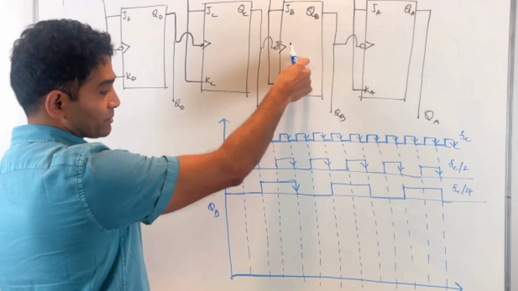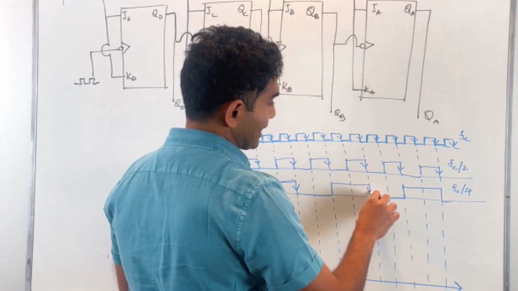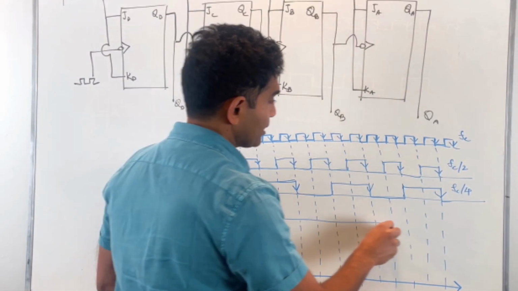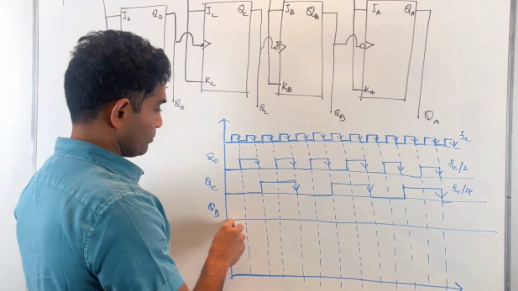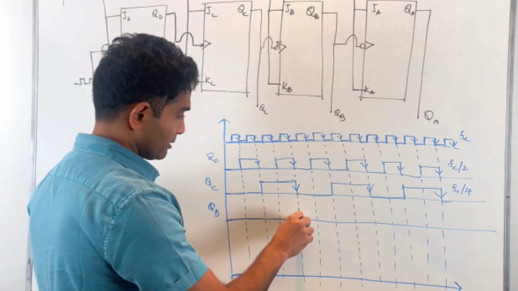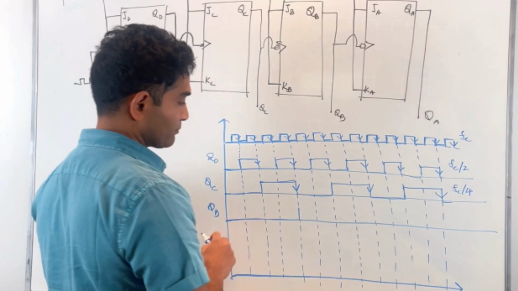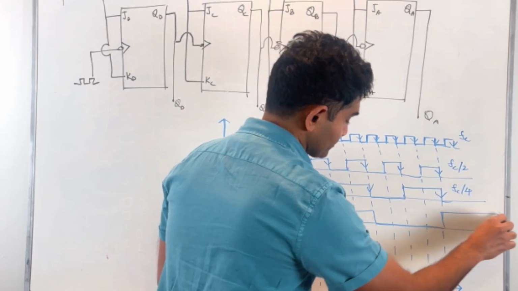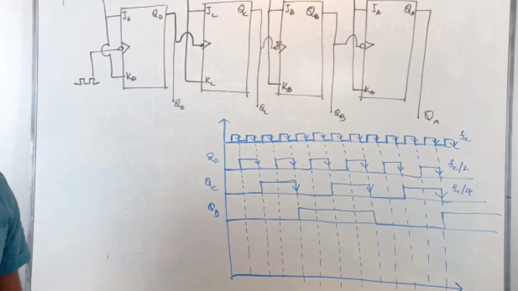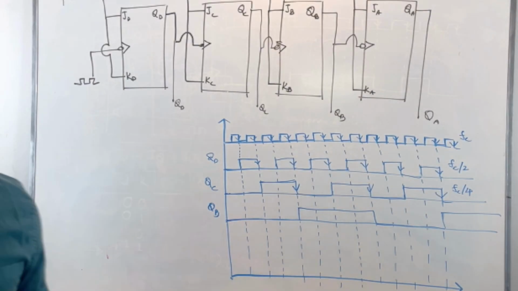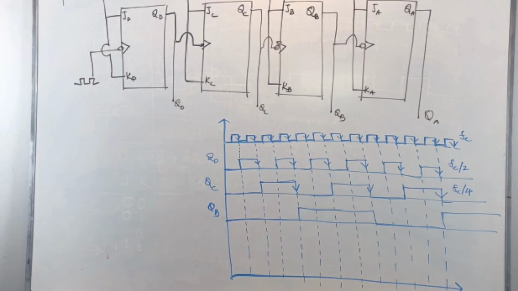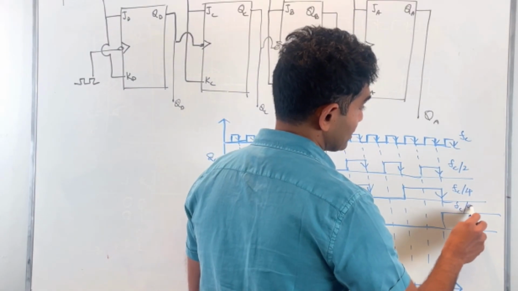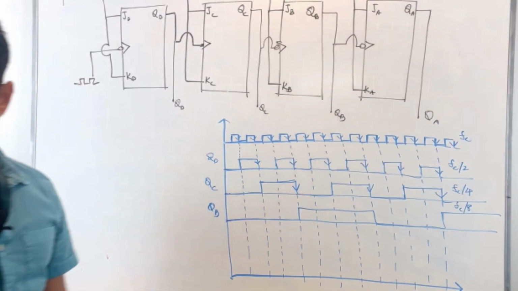Again, this is a negative edge triggered flip-flop. These are the active edges for QB, and likewise you can draw QB as well. So my QB gets toggled on the first active edge, toggles, toggles, and so on. And you can see that the frequency of QB would be FC over 8 compared to the master clock.